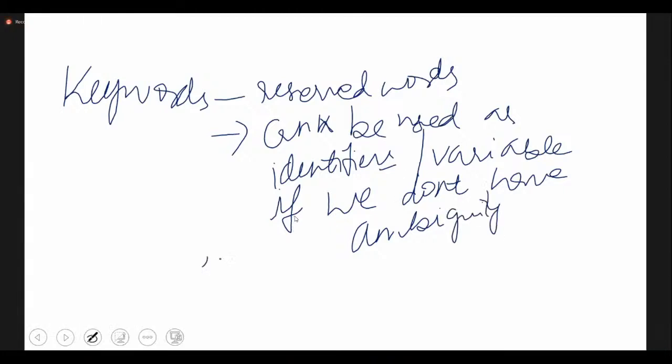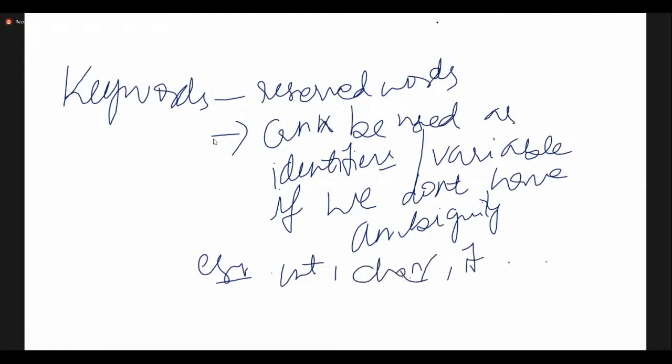And for this, you can give basic examples like int, char, if, and so on. So everyone understood this keywords concept? Then I move to the next token: identifiers.